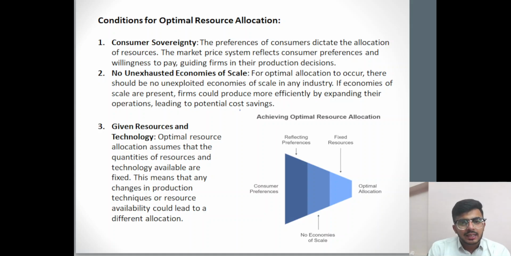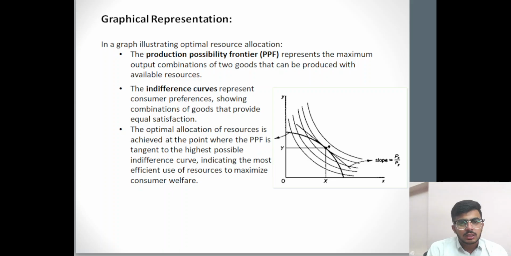Given resources and technology: the allocation assumes that the quantities of resources and technology available are fixed, meaning any change in production technique or resource availability could lead to a different allocation. So this is the graphical representation of optimal resource allocation.